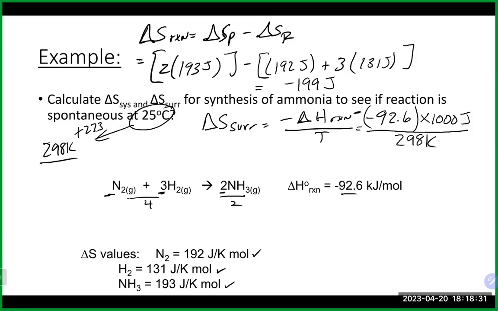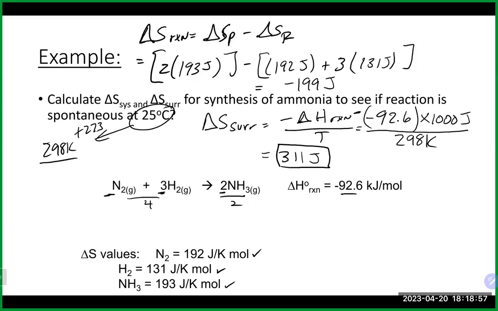So we're going to get 92.6 times 1,000 to convert it to joules, divided by 298. Going to give us, we'll call it, 311. And again, this would be joules in this case. Obviously, if you left it in kilojoules, you would have 0.311-ish kilojoules.